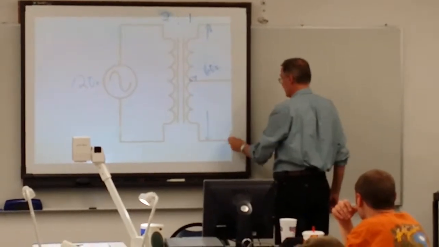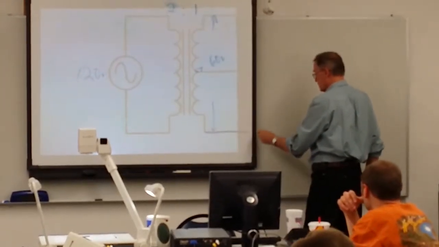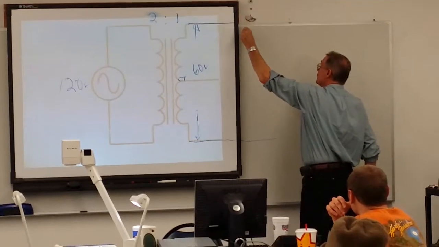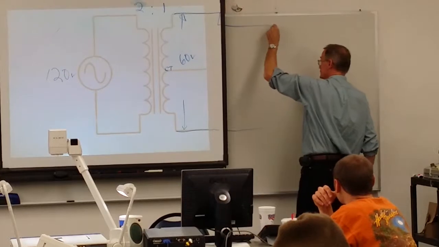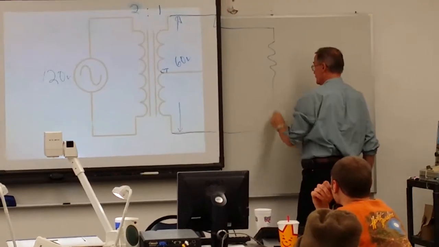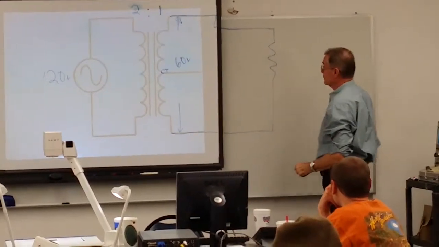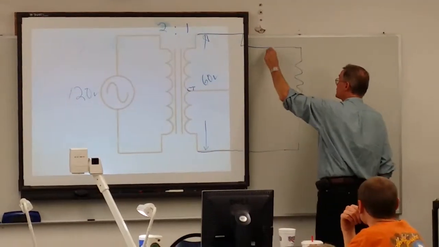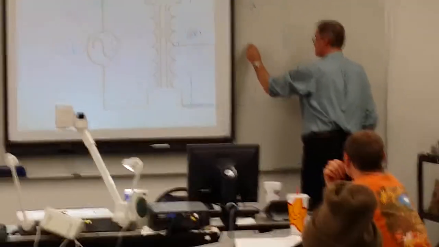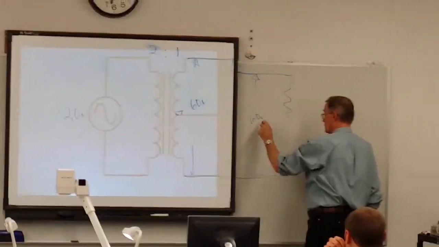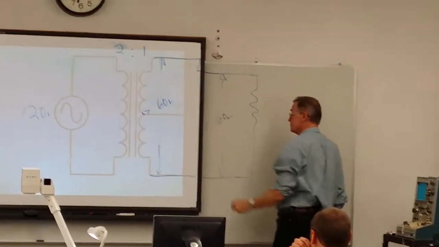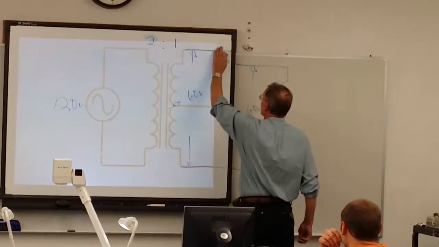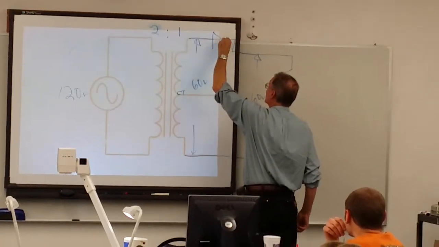And if I came across here, and from here down to here, and I put a resistor out here, this voltage here has an RMS of 60 volts, and it has an average, assuming I put a diode here, one diode right there.